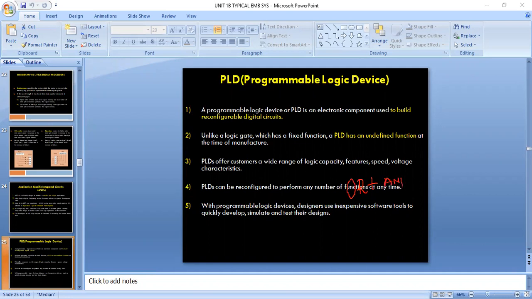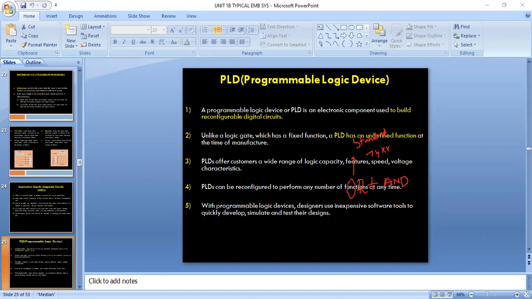See, here one point was missed. If you want to purchase an OR logic, we can purchase an IC called standard IC that will be available in the market. It will be in the 74XX series.